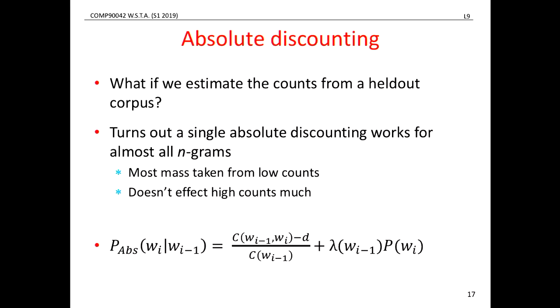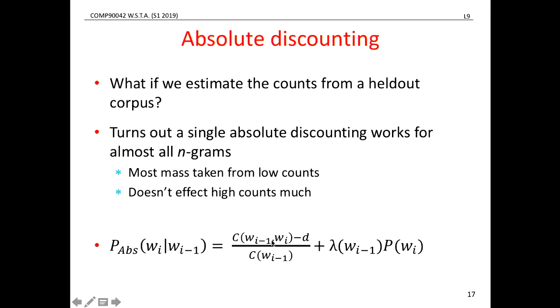So what it looks like is this. If we're looking at a bigram model here, here's the counts of our bigram divided by a unigram, the kind of normal thing you'd have seen. The only difference here is we've got this minus d. So we have this constant. Basically, we're saying, sorry, I should be more formal, this is capped, it can't go below 0, so it's got a lower bound on it.